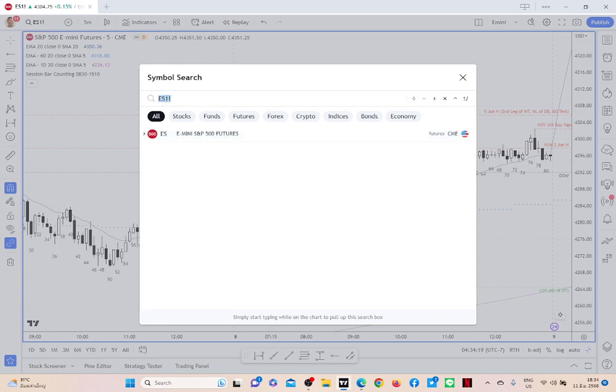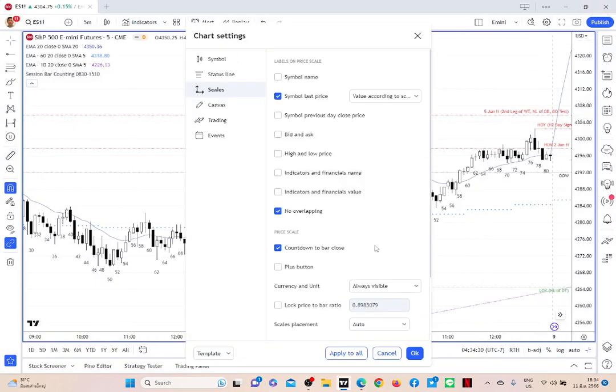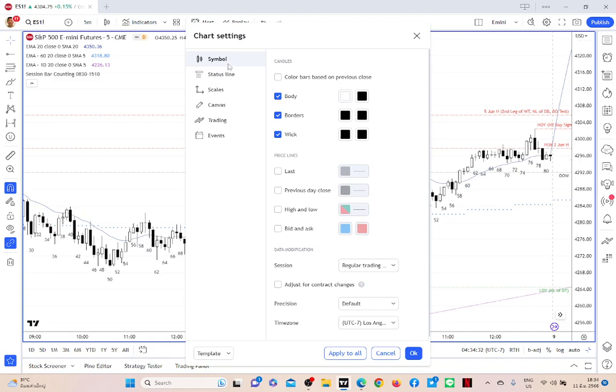Choose ES or Emini S&P 500 futures by CME market, and then you go to the settings and you choose here symbol and you choose regular trading hours, which is US session only.